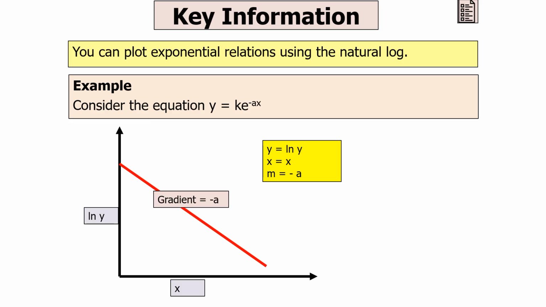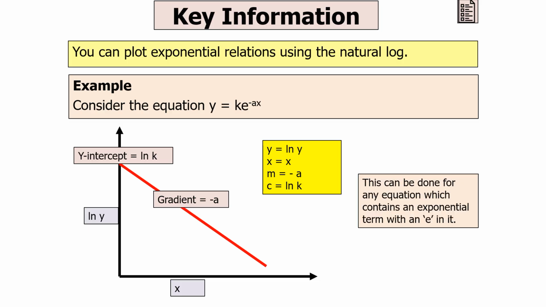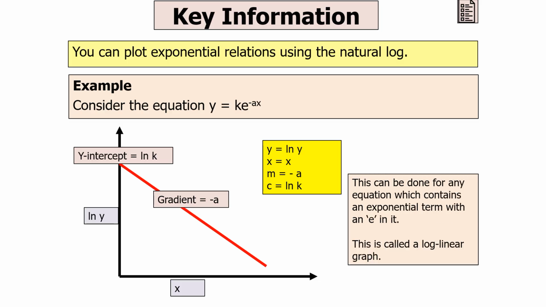So our gradient here is minus a. That's very important when you want to find the value of the power term in this particular equation. We can also see that c is equal to natural log k, so therefore our y-intercept is natural log k. Now this can be done for any equation which contains an exponential term with an e in it, and we call this a log linear graph.